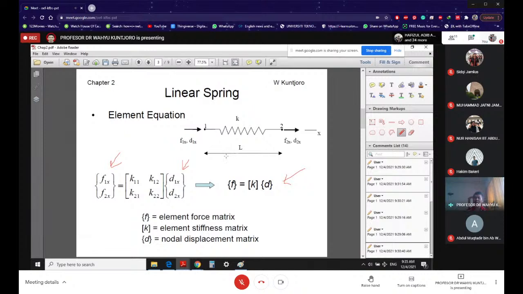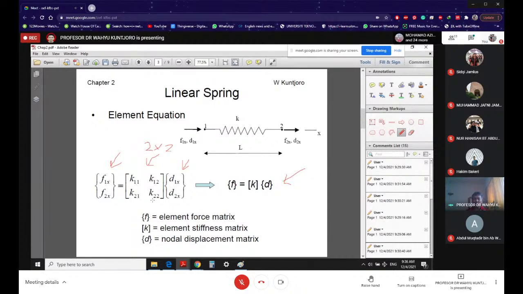So you got 2 forces, you got 2 displacements, and of course it is going to be 2 by 2. Our job here is to find what K11, K12, K21, K22 are, and make sure you understand what 11 means, 12 means, 22 means.